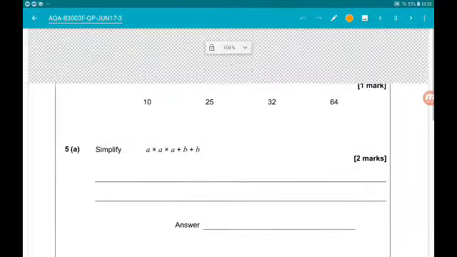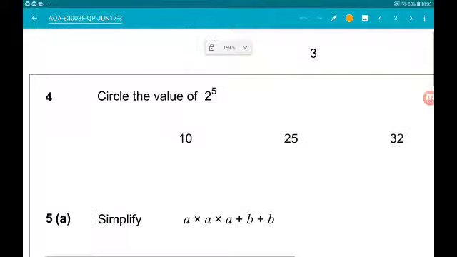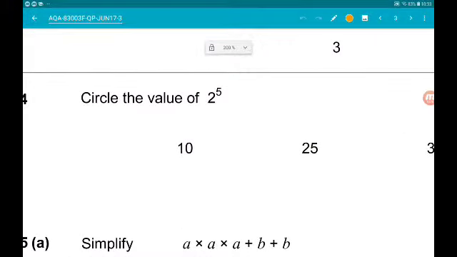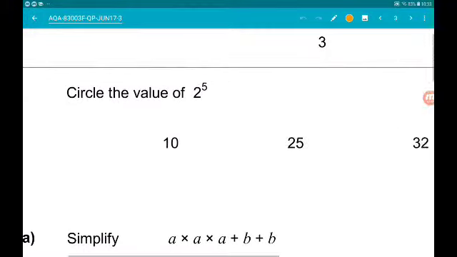Okay, number 4 wants us to circle the value of 2 to the power of 5. Again, your calculator can do that.